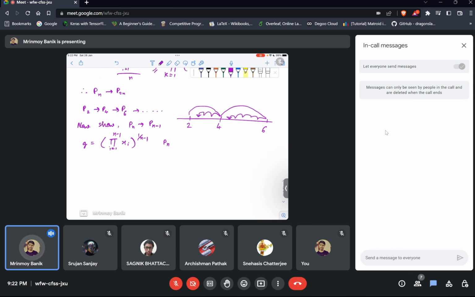Let's first assume, as before, that Pn is true. So you just have to reduce one of the observations to make it Pn minus 1, right? Seems easy enough. So this is Pn.